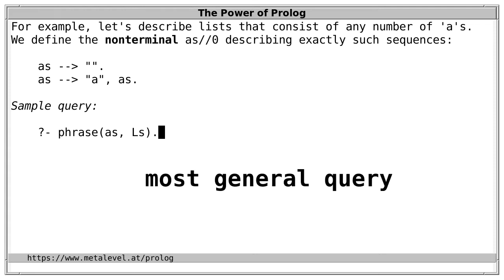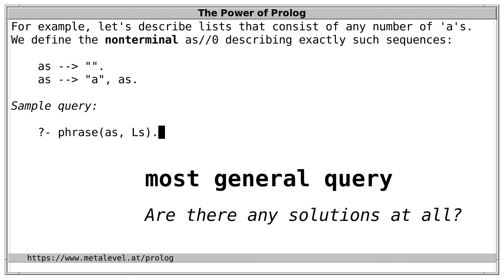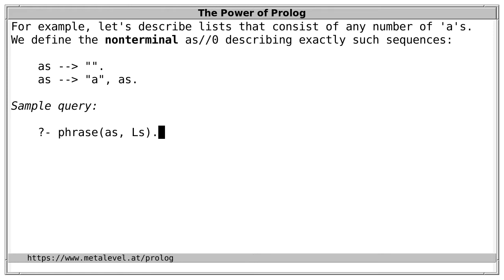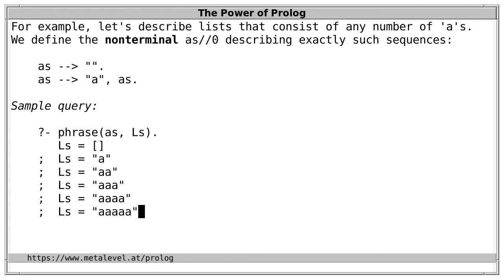So that's what we call the most general query for this non-terminal, because we ask here, are there any solutions whatsoever? And we place no other constraints on Ls. And as answer, we get a concrete solution. The empty list is such a list. And on backtracking, we get alternatives. So all these lists are solutions, because they are such sequences consisting only of A's.